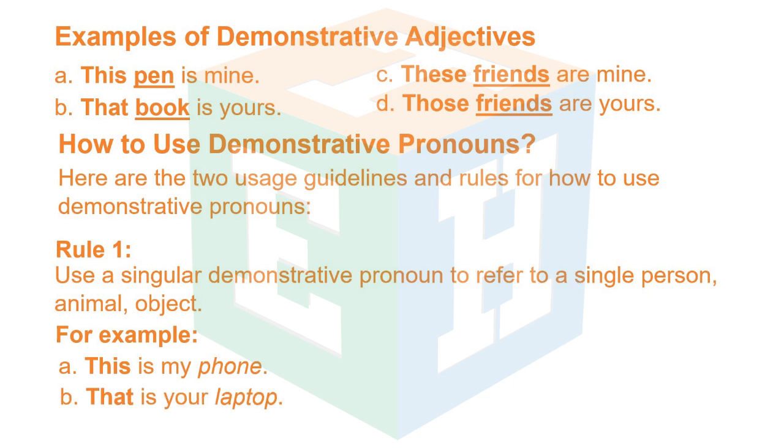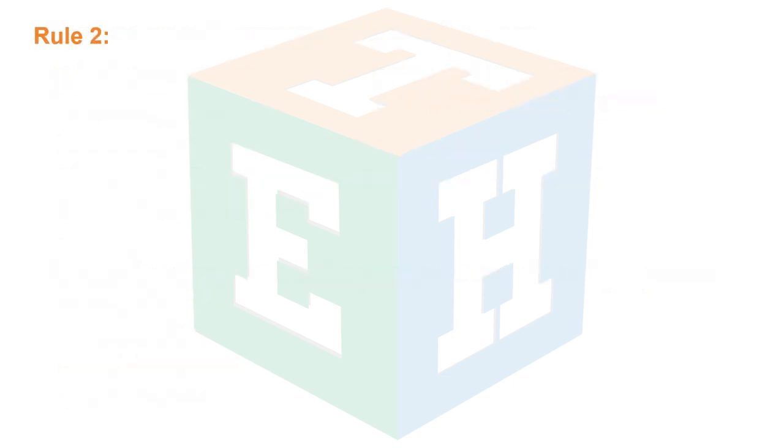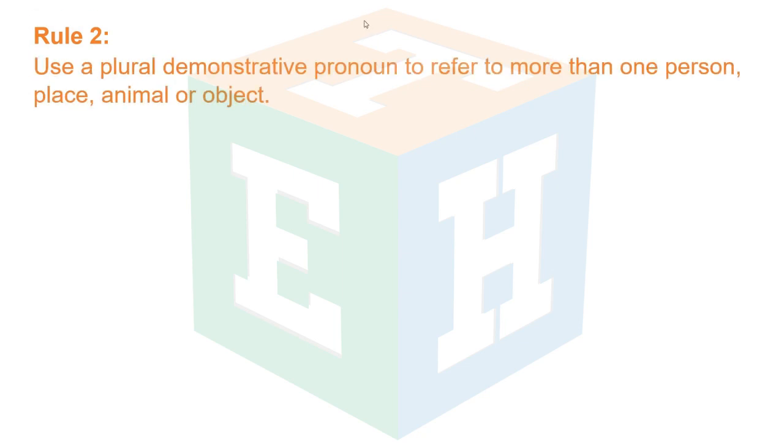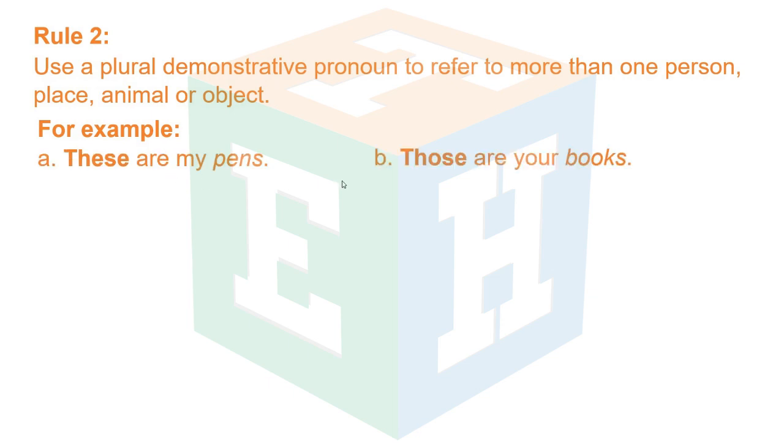That is your laptop. Rule 2. Use a plural demonstrative pronoun to refer to more than one person, place, animal, or object. For example, A. These are my pens. B. Those are your books.